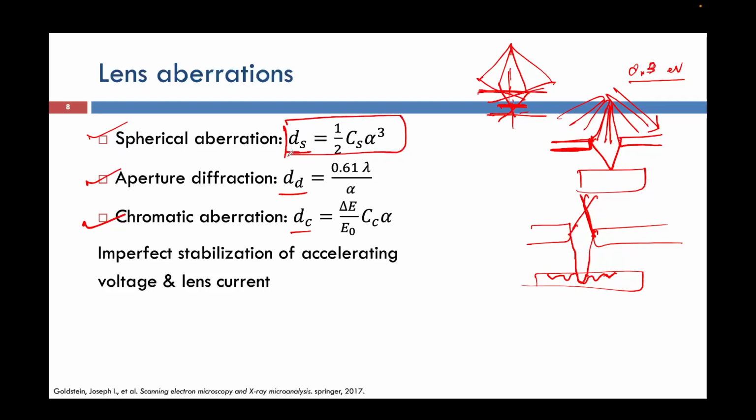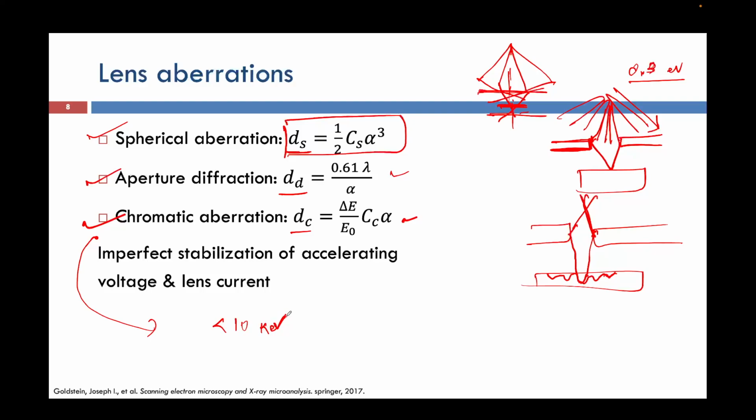Similarly, aperture diffraction will also contribute to the diameter of the final probe by this amount, and also chromatic aberration. However, this chromatic aberration is generally dominant below 10 kilovolt. So if you are talking about conventional SEM mode, it is kilovolt, or in terms of energy, kilo electron volt.